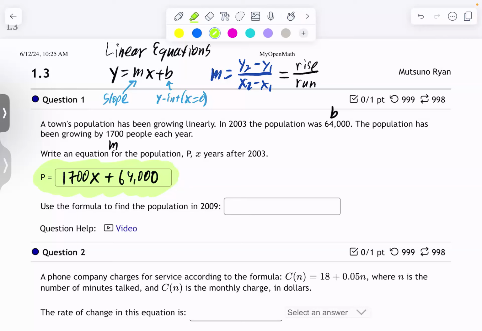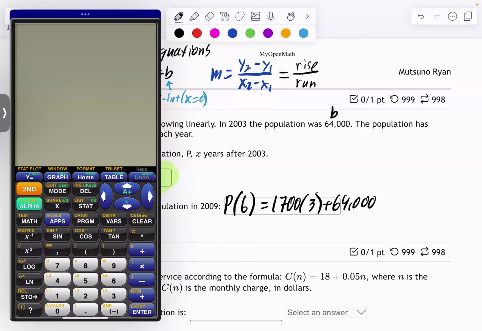It says use the formula to find the population in 2029. So they want to know the population. Now, 2029 is exactly 6 years after 2003. So 1,700 times 3 plus 64,000.